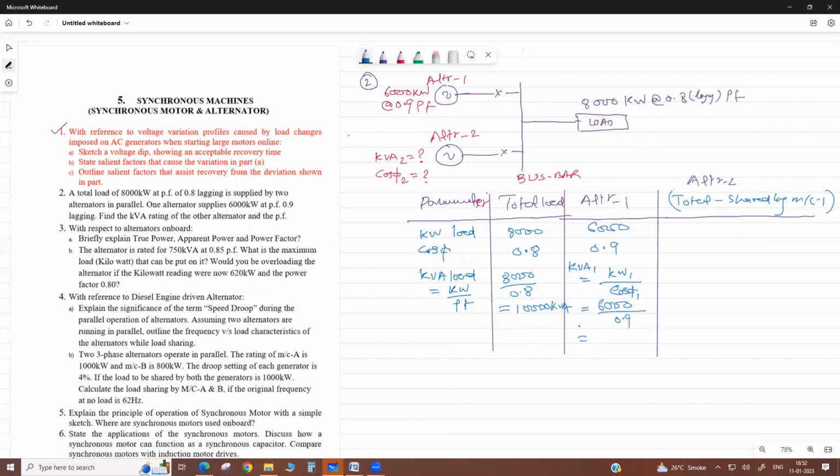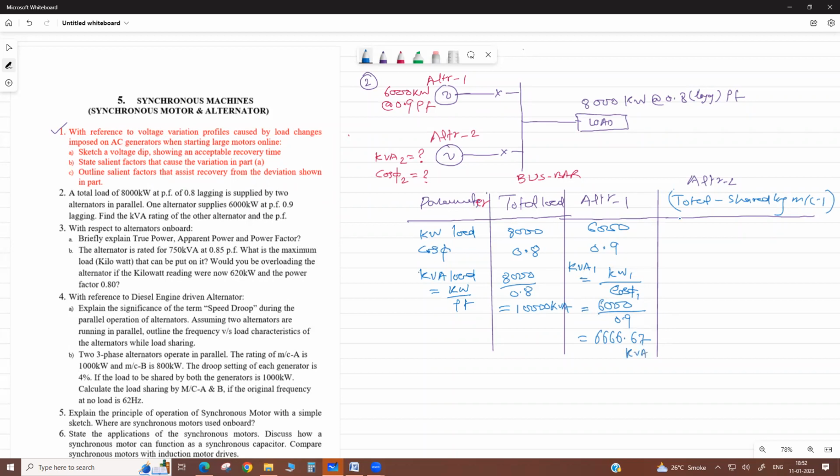How much it comes? 6666. Great. 6.67 kVA.